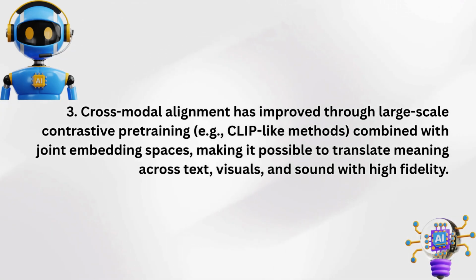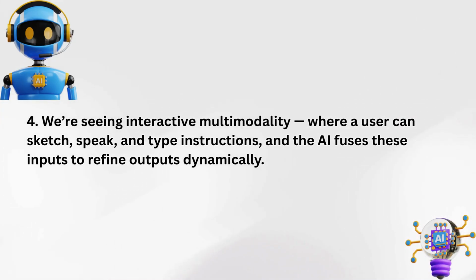Third, cross-modal alignment has improved through large-scale contrastive pre-training, e.g. CLIP-like methods, combined with joint embedding spaces, making it possible to translate meaning across text, visuals, and sound with high fidelity. Fourth, we're seeing interactive multimodality, where a user can sketch, speak, and type instructions, and the AI fuses these inputs to refine outputs dynamically.